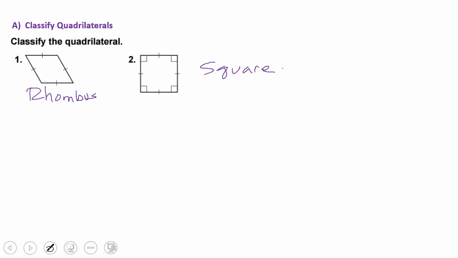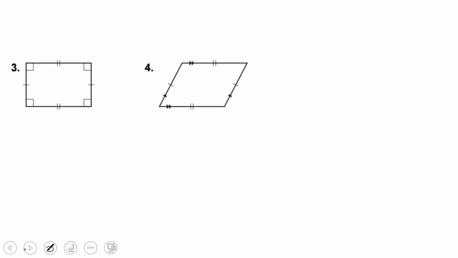Okay? Moving right along, we have, let's see, this has opposite parallel sides. Except this time, you have different. The opposite sides are not, all 4 sides are not congruent, like in the last one. And so what are we calling this? That's right, a rectangle. The next one, opposite parallel sides.